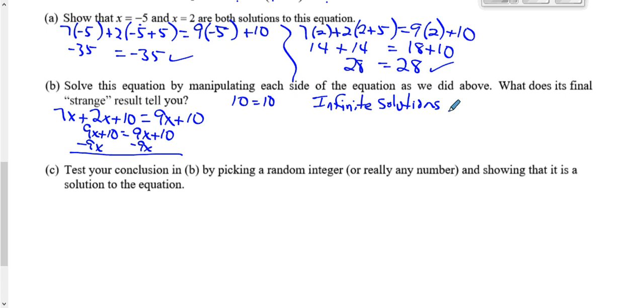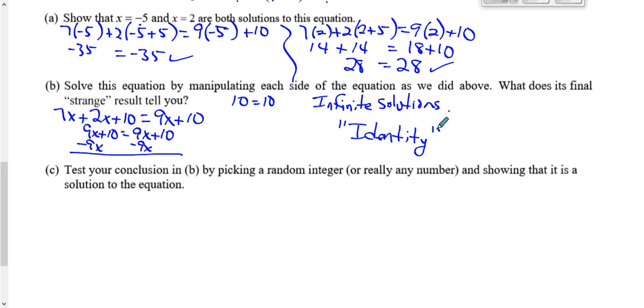So the equation up top, before, we said was inconsistent. This equation, when you get an infinite number of solutions, is called an identity. That's called an identity equation. Probably the simplest example of it would be the equation x equals x.